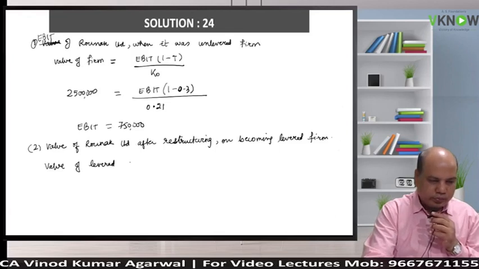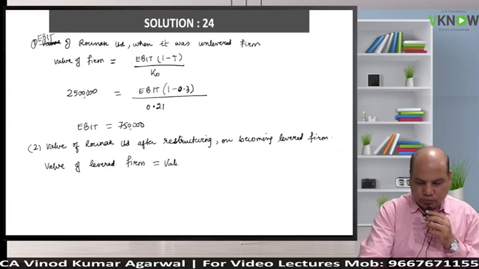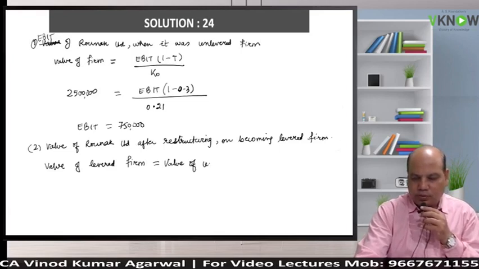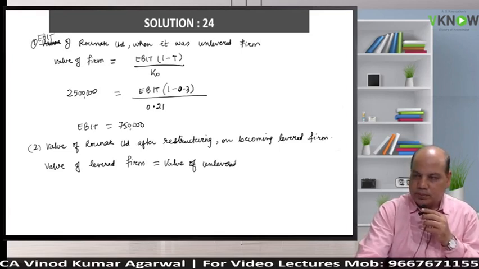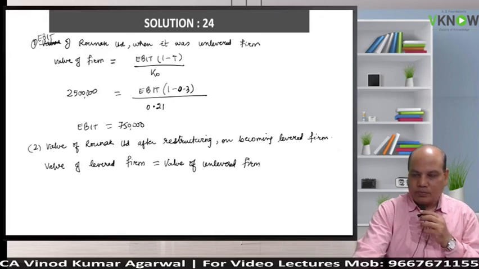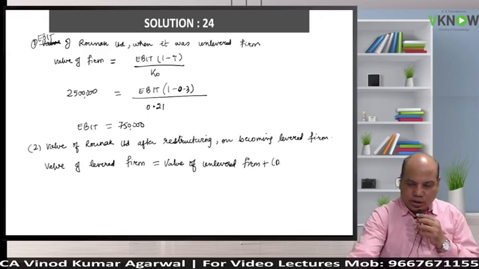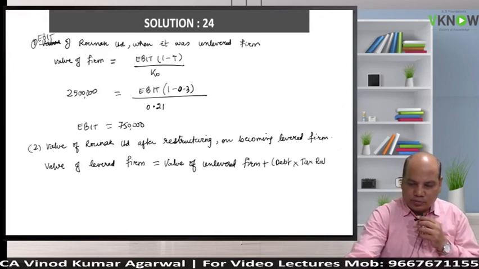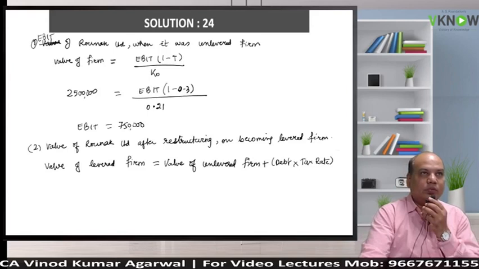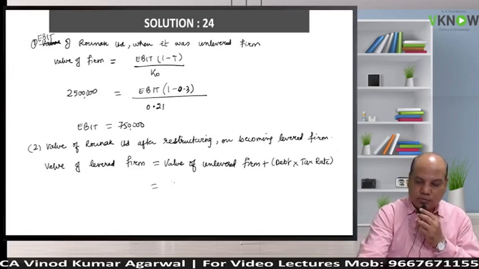is equal to value of unlevered firm plus, in brackets, debt into tax rate. So the value of unlevered firm, 25 lakh, is already given in the question.